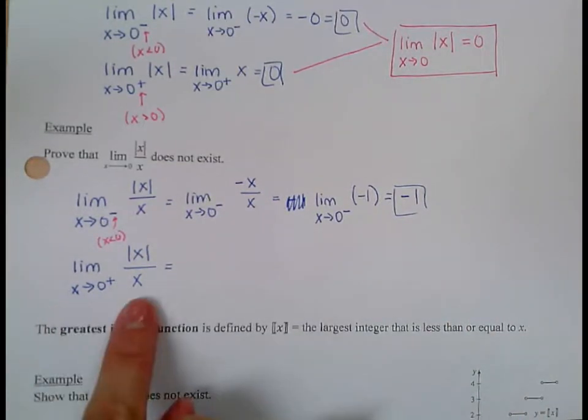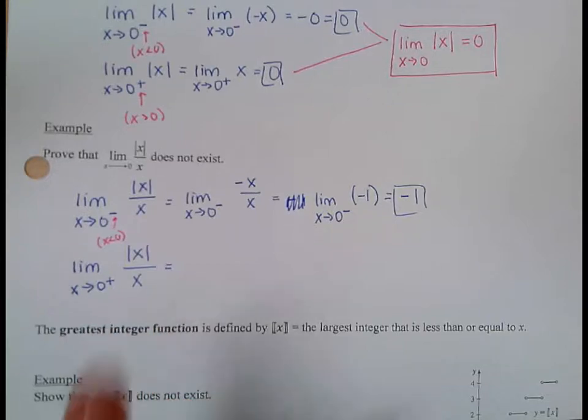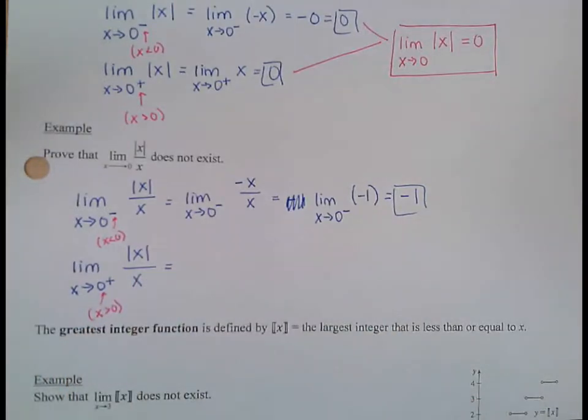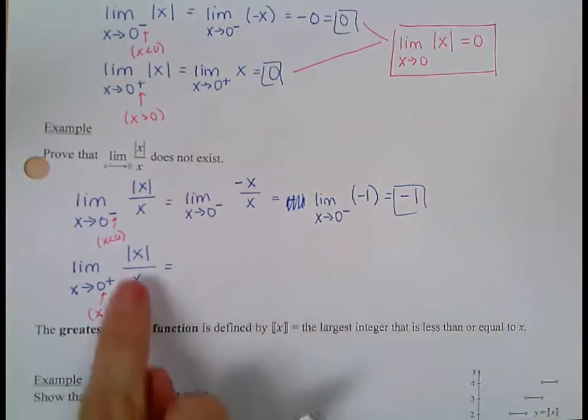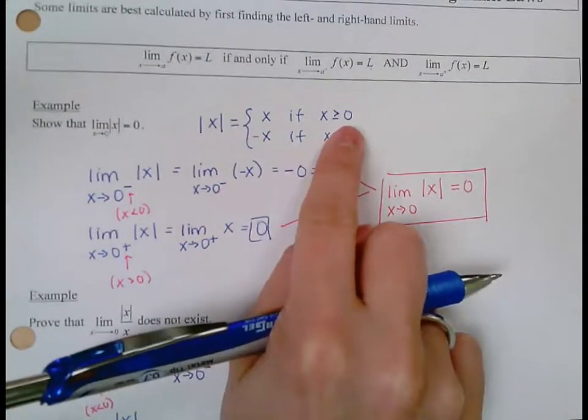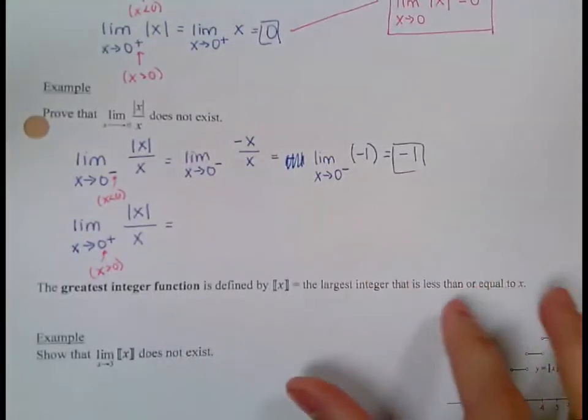So then if we find the limit as x approaches 0 from the right, that would be from values of x that are greater than 0. Which then means I can replace the expression absolute value of x with the expression for values of x that are greater than 0, which is just x.